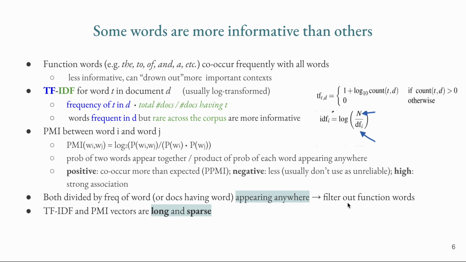some words are more informative than others. There are words like the, to, of, and these words can co-occur frequently with all the other words. It can appear in any sentence. So if we use this as a dimension, then every word will have this dimension with a big count on it, and it can actually drown out more important context.